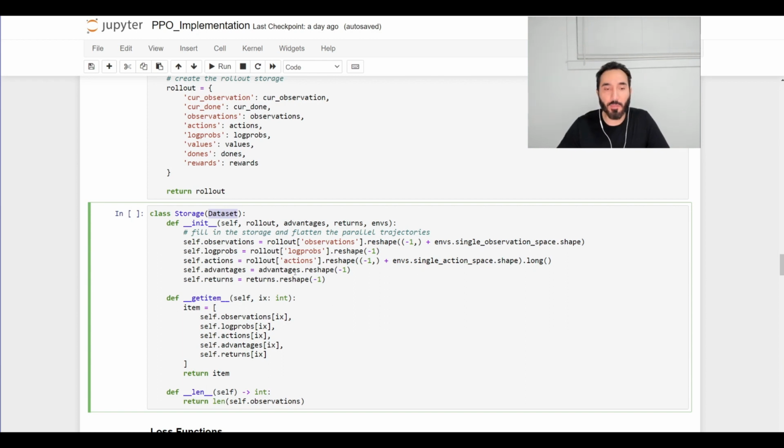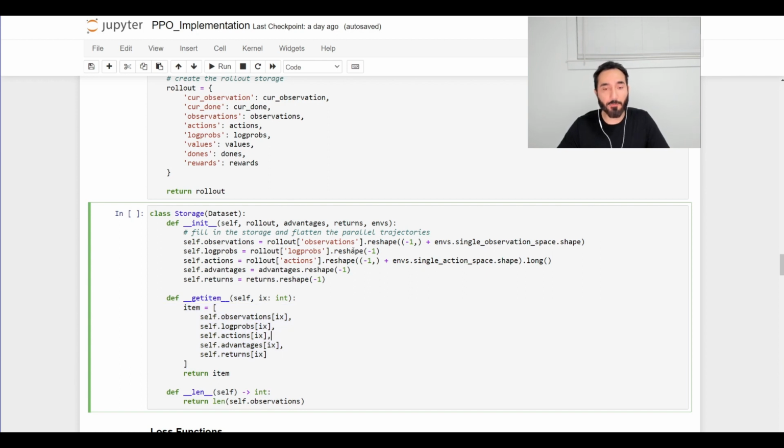And that's exactly what I'm doing. I give it the rollout and the advantage and the returns, and it basically puts them into the memory of the storage, which in this case is a standard PyTorch dataset, and then I ask for an index and it will return that item from the rollout to me.